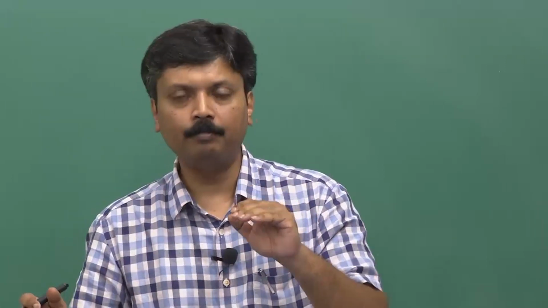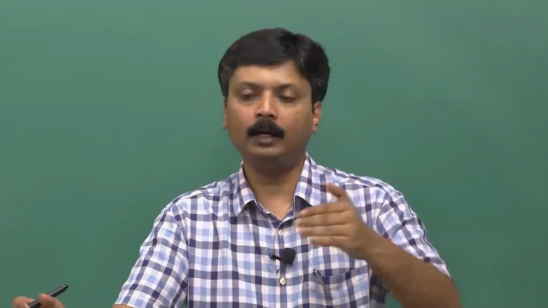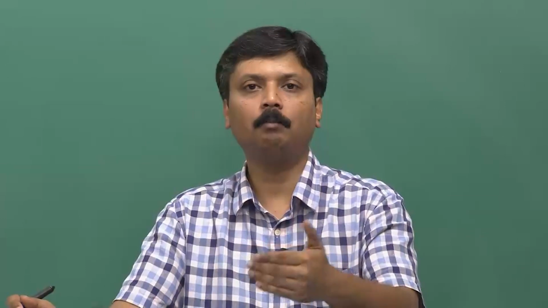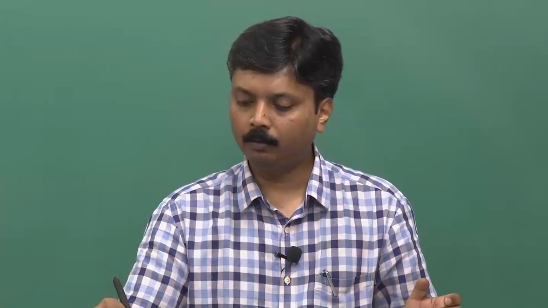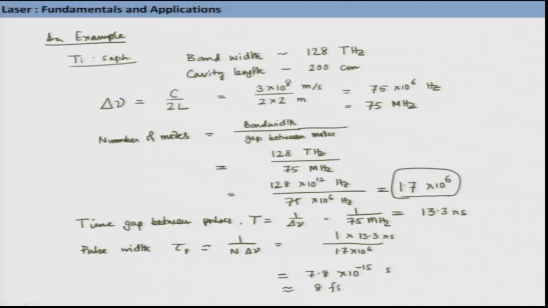So, in reality, the number of modes may be less than this theoretically possible number. Suppose instead of 1.7 into 10 to the power 6, we have the number of modes equal to, say, 5 into 10 to the power 5. Of course, this value will increase.